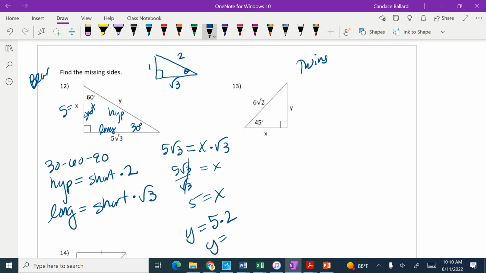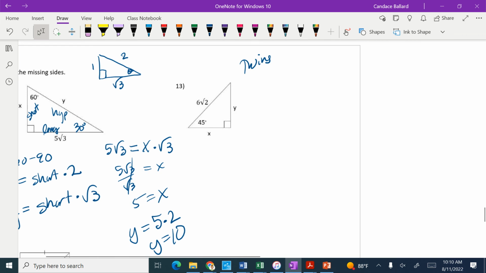All right, what'd you get for y? 10. Good. Short times 2, right? Now we've got the Zach and Cody twins one. What's special about a 45-45-90 right triangle? What's special about its legs? They're the same. It's an isosceles triangle. That's really way back, right? Elementary school way back.